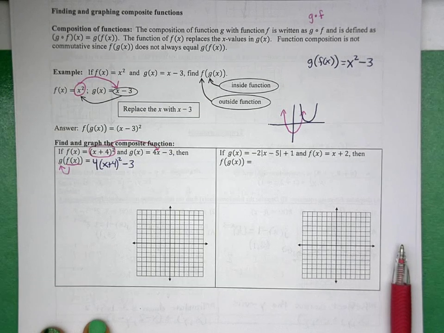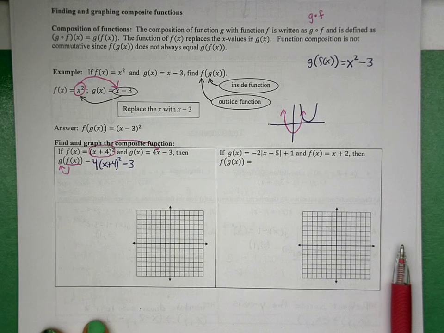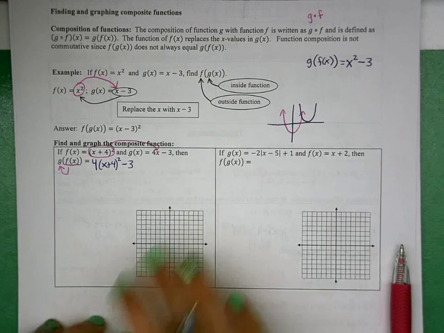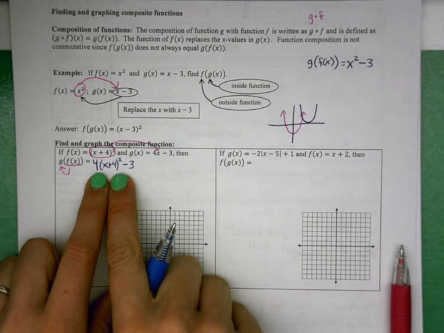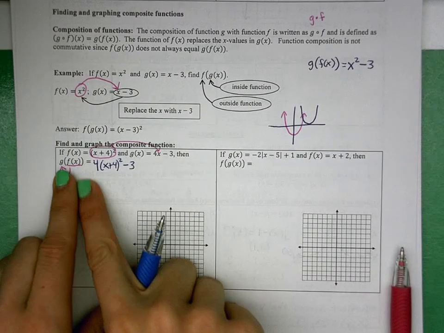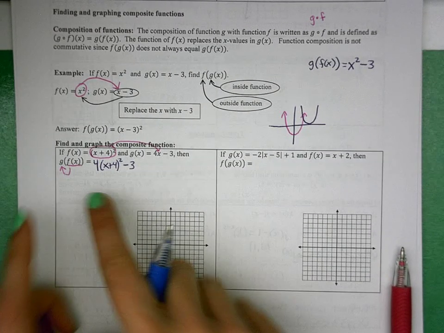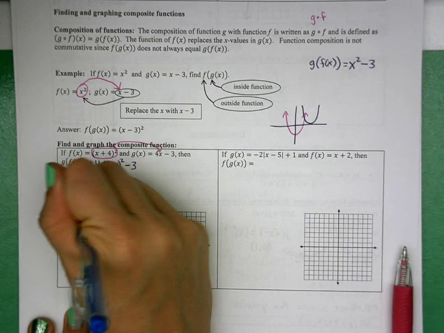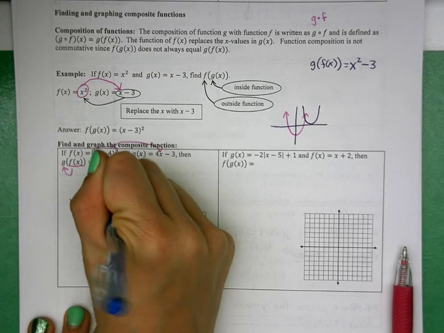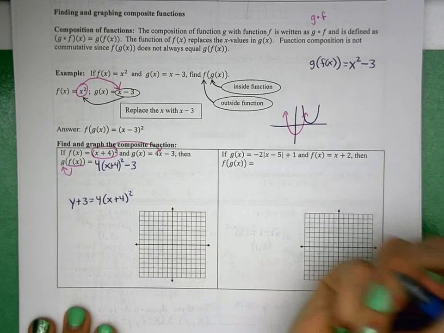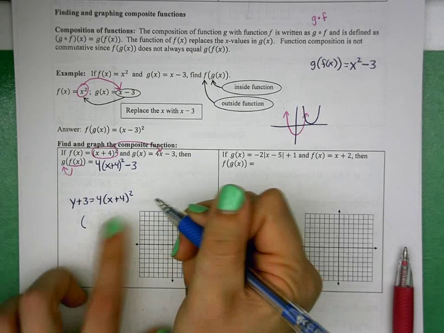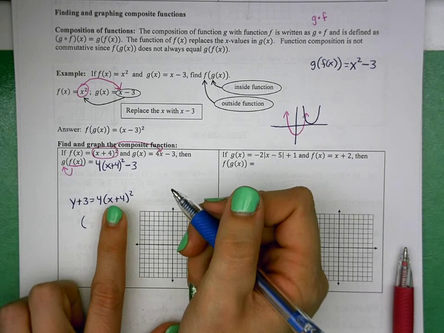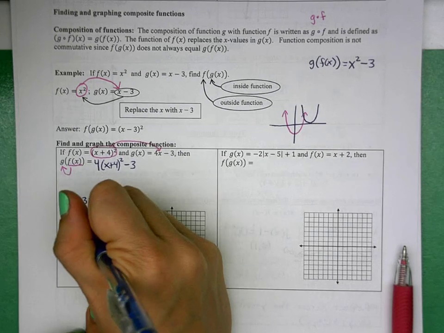And then I can graph that. I graph it the same way I have all of my functions we've been practicing so far, which is to write this in descriptive form. So I'm going to add this 3 to the other side. My vertex, my HK coordinate point, is going to be x is negative 4, y is negative 3.